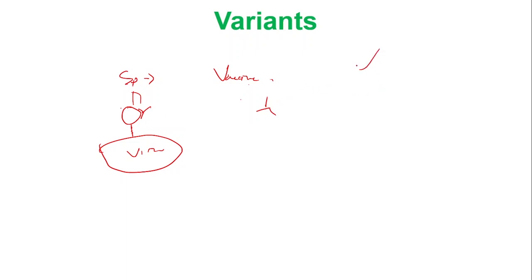But because the new virus has a different spike protein, suppose like this, this antibody cannot detect this virus, or if it detects, it will detect less efficiently.